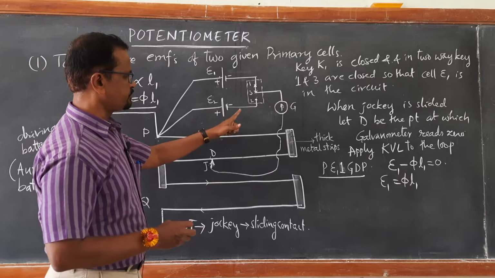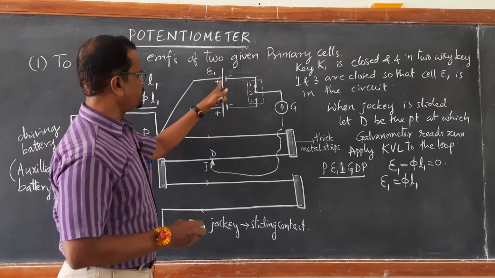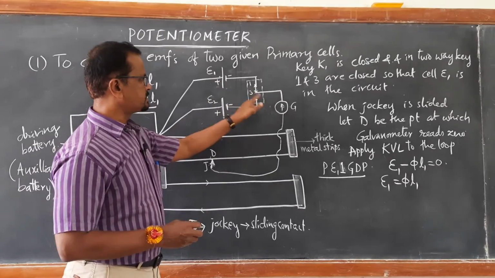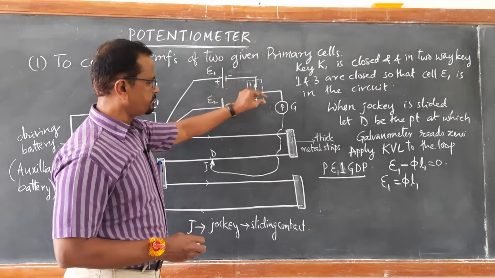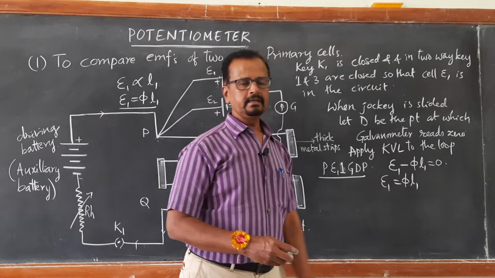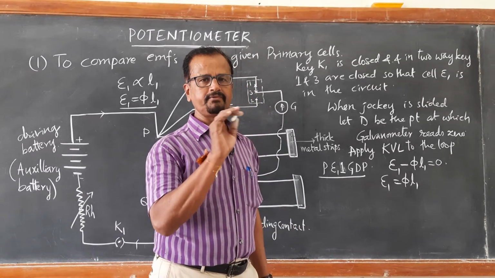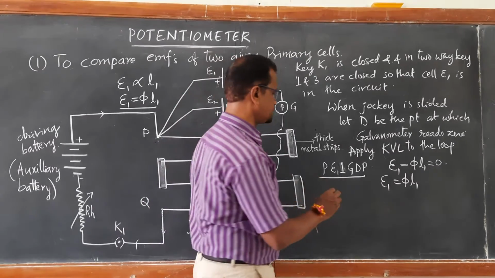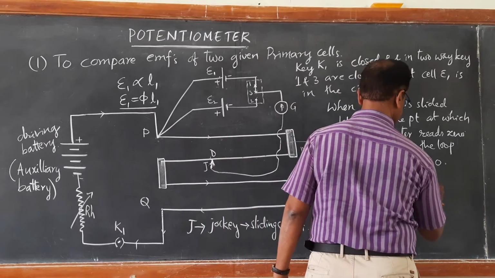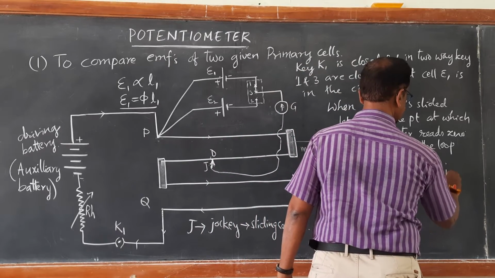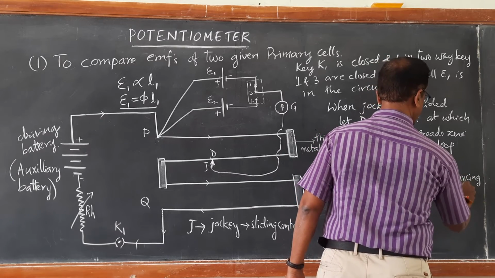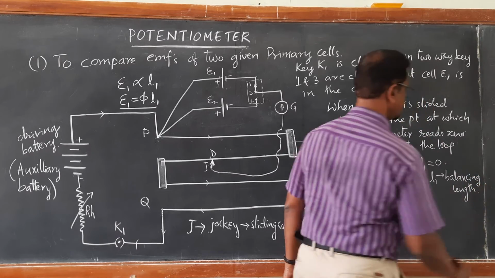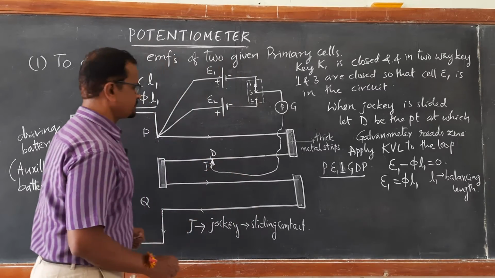This is the case when the cell of EMF E1 is connected. After measuring, the length L1 is noted down, where L1 is the balancing length for which the galvanometer reads 0 deflection.